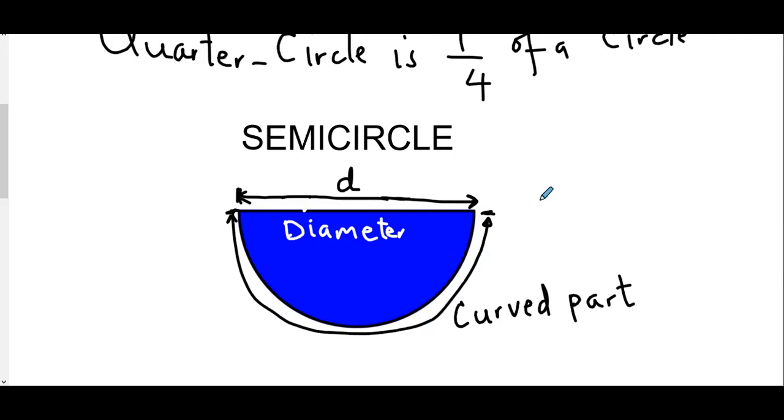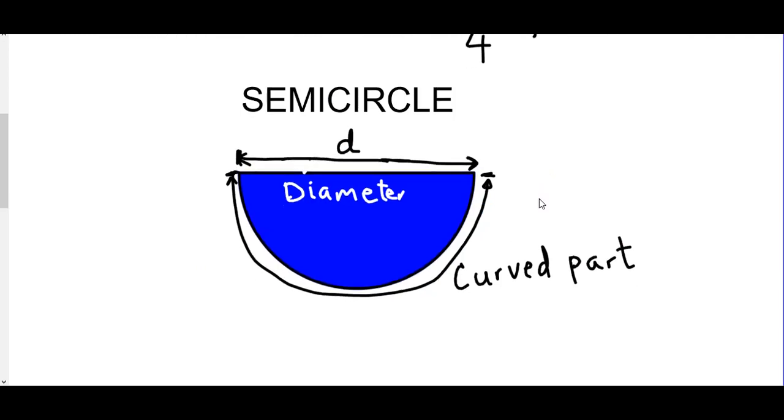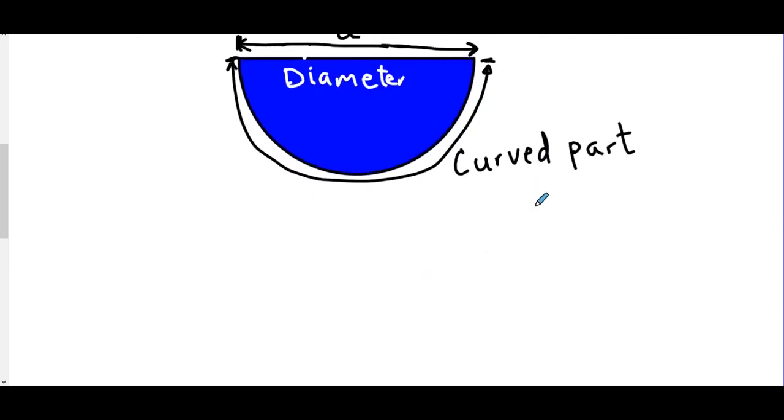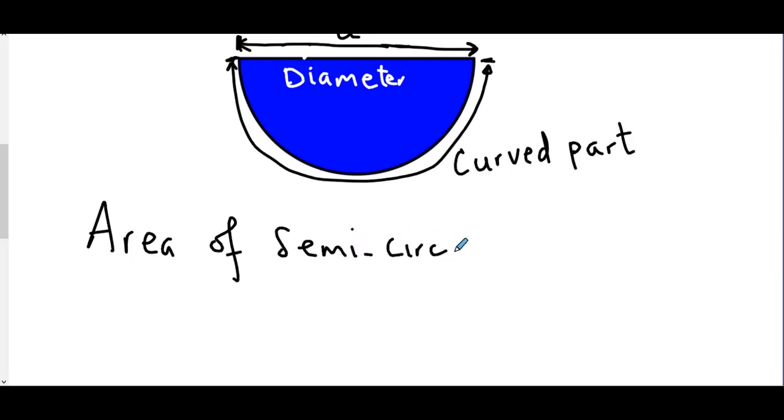Now, how do we find the area of a semicircle? The area of a semicircle, as I said, semicircle means half.